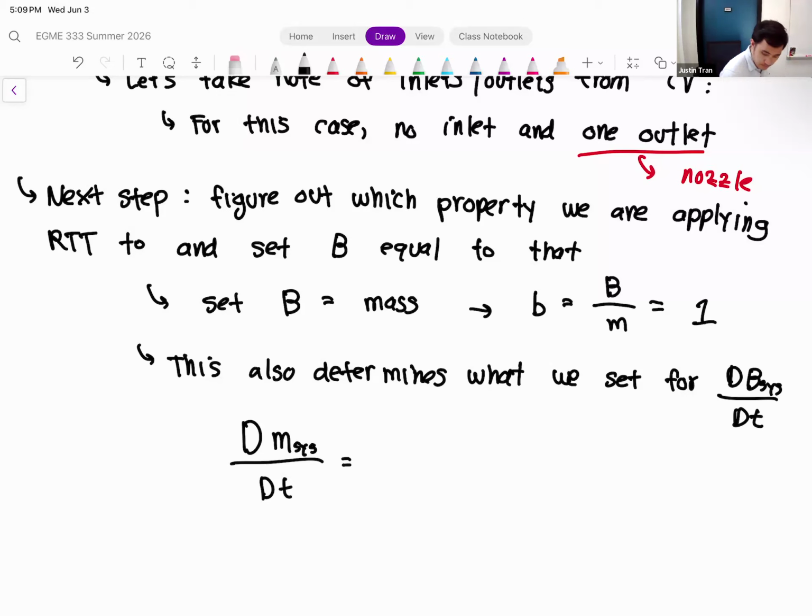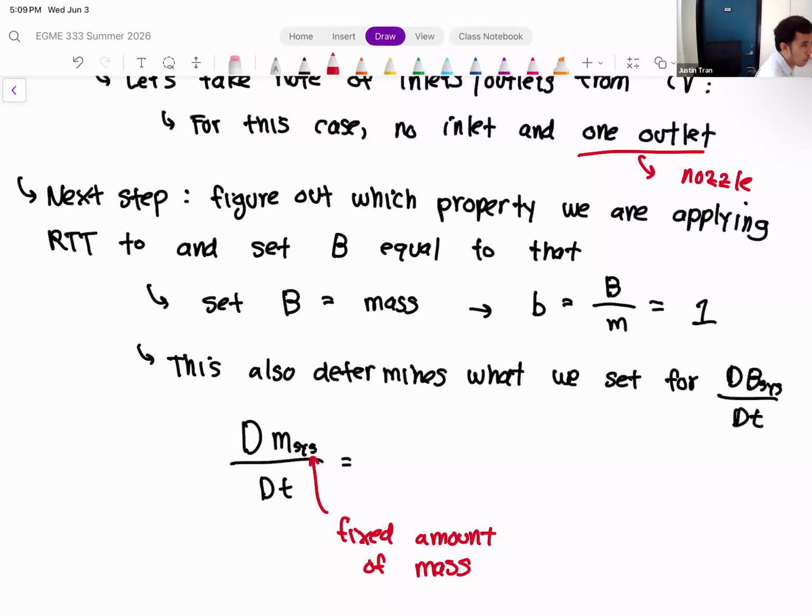But by definition, a system is a fixed amount of mass, and so the production or consumption of mass in a fixed amount of mass is impossible.